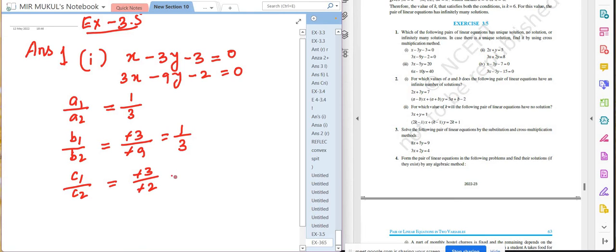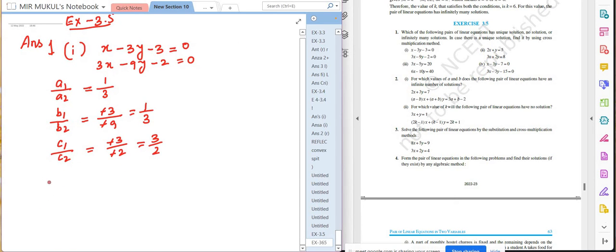Here minus minus will cancel. So 3 by 2. It means a1 by a2 equals b1 by b2 not equals c1 by c2.